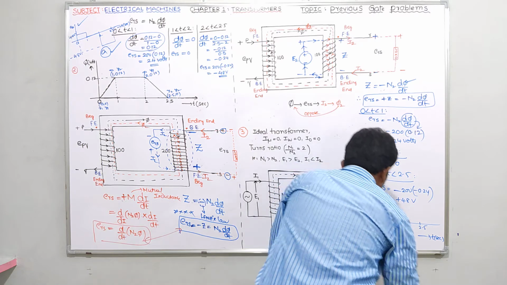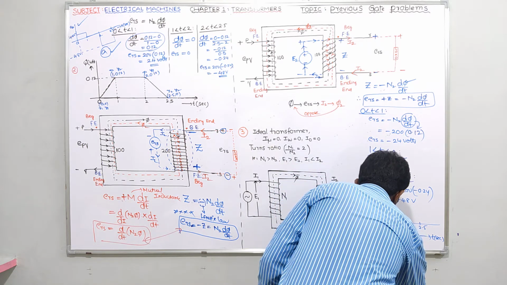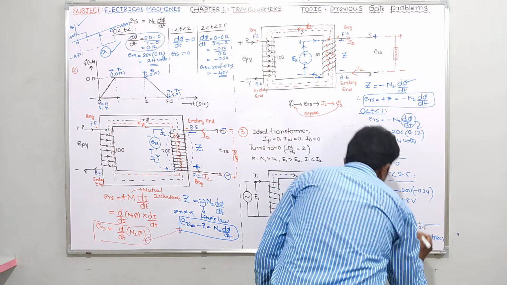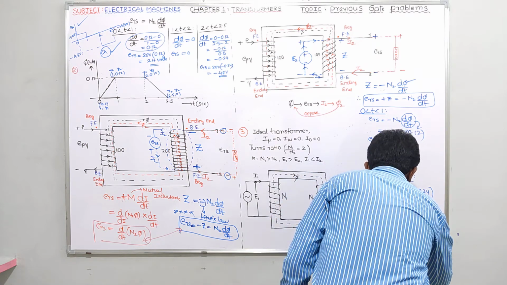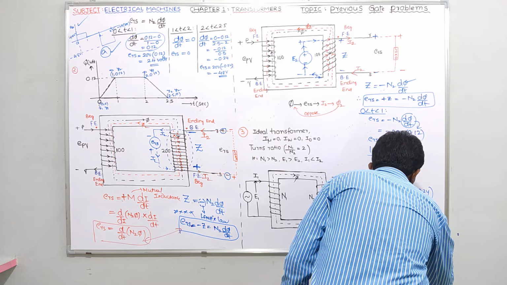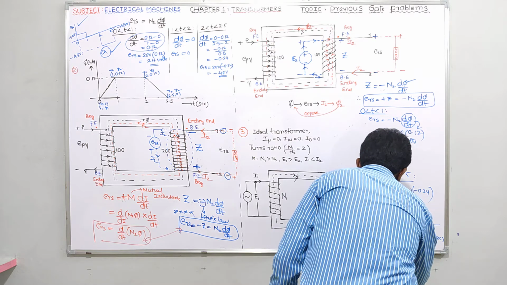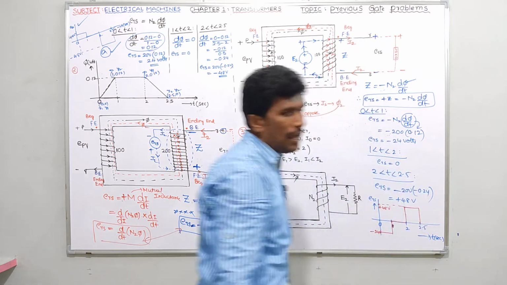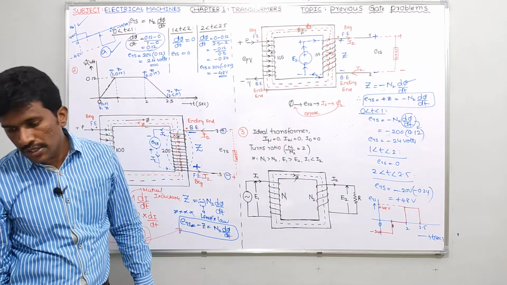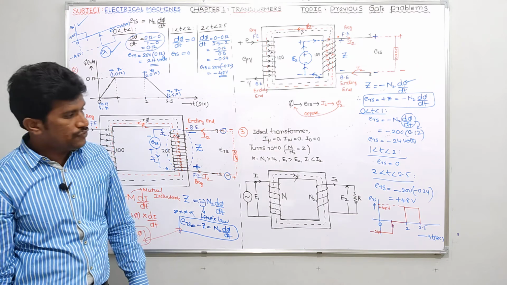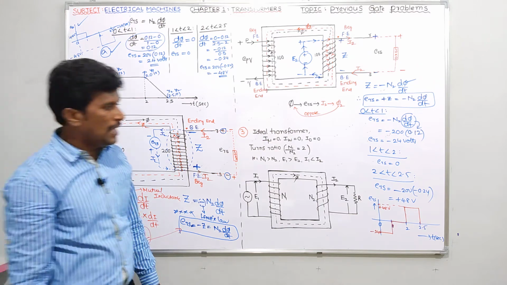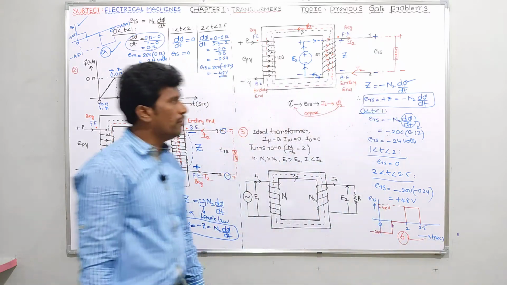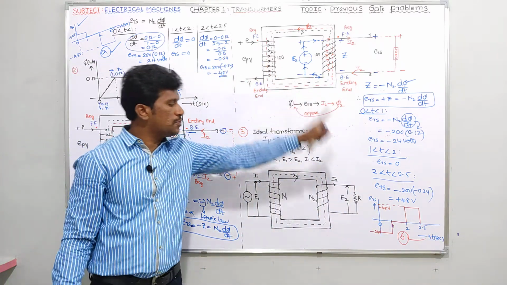From 1 to 2 the value is 0. From 2 to 2.5 it is plus 48 volts. At that time, if you see minus 24, 0, plus 48, you get option B. Option B will be the right option.